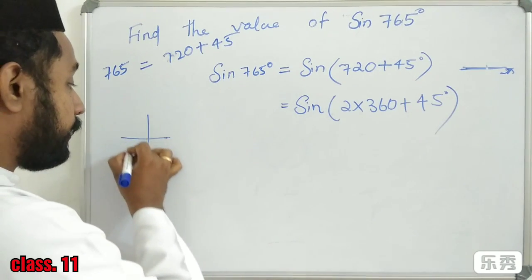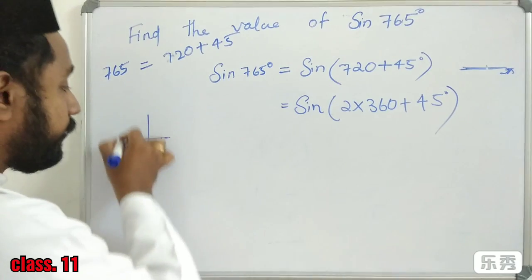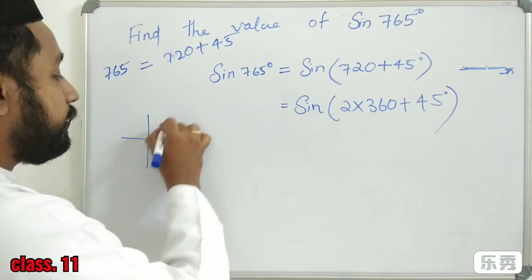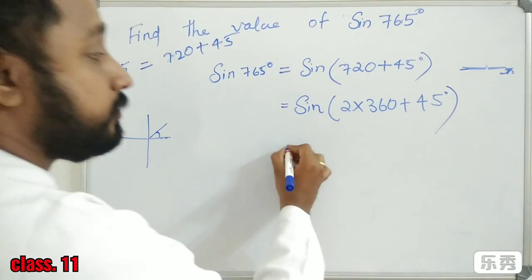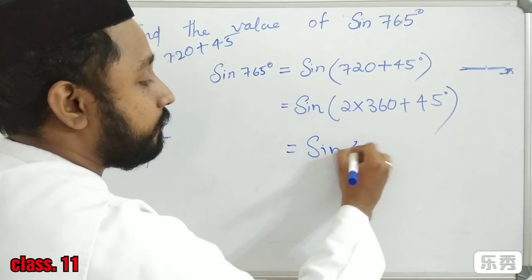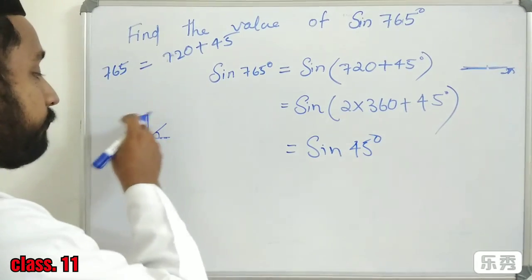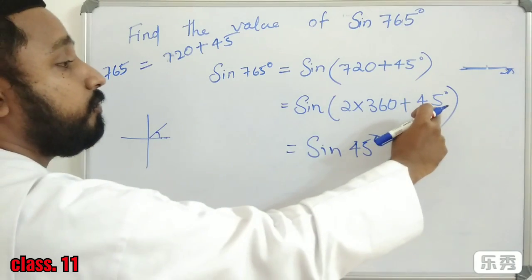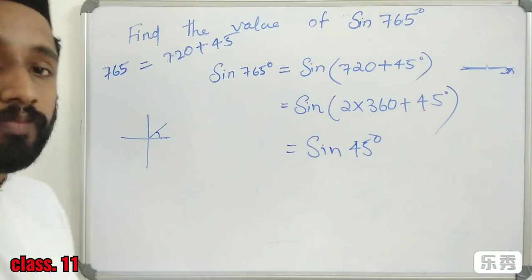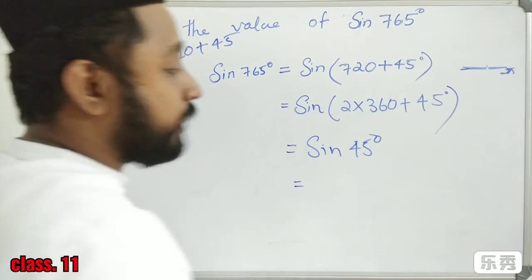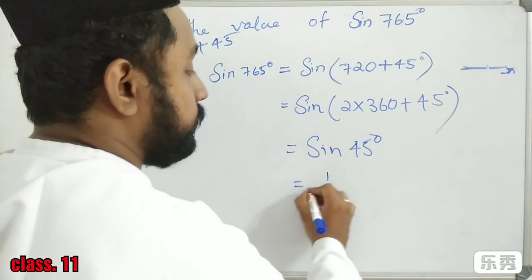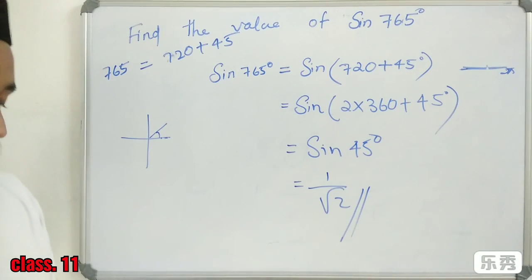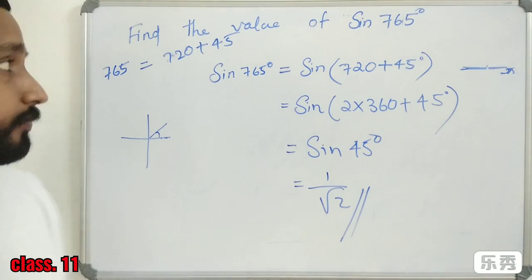So after completing two rotations, we move 45 degree. That is sin 45, and we know sin 45 is equal to 1 by root 2.